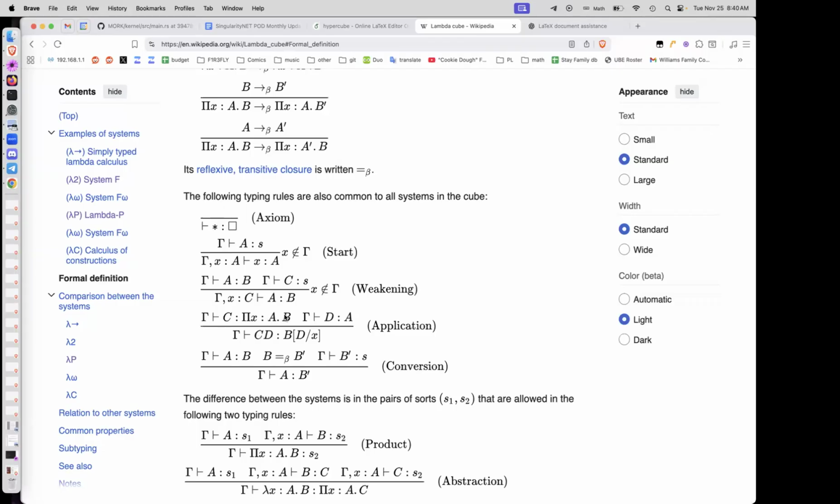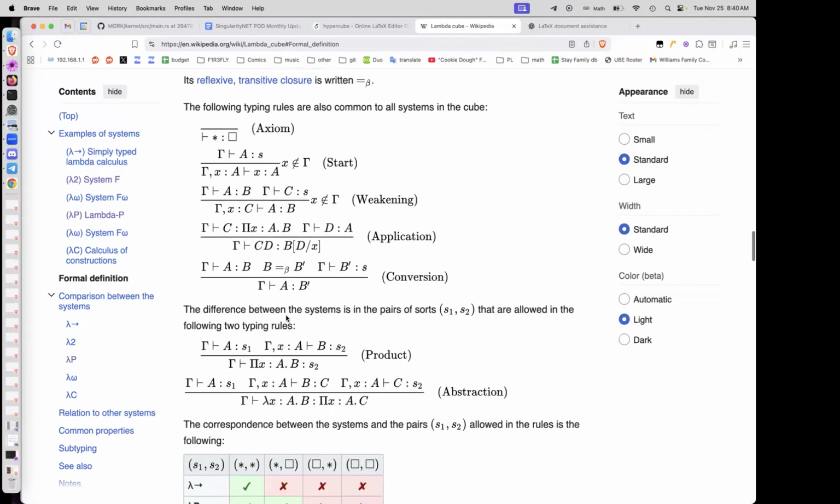And neither star nor box have a pi type. In order to derive that something has a pi type, it's got to be a function. So that's not something that is well typed. Is box typable? No, that's part of the hierarchy, is that it stops at box.